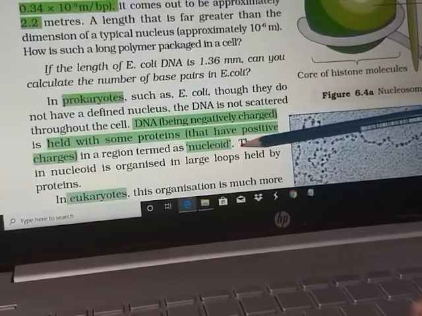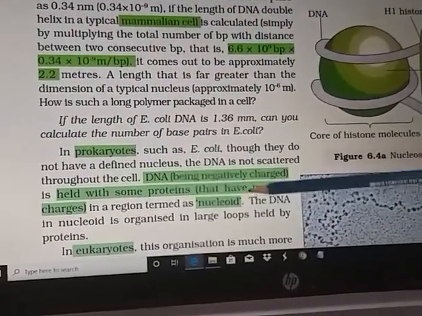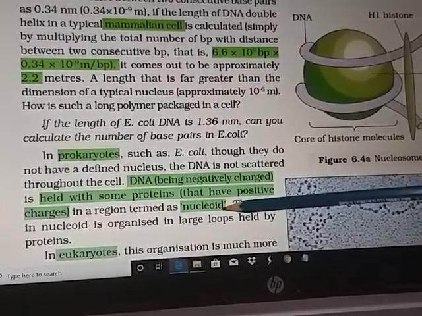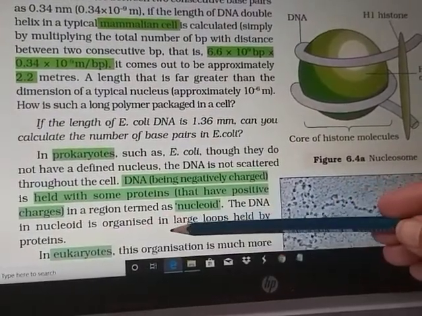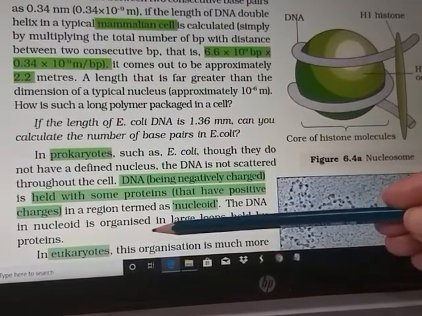No name is given to these proteins. They are just positively charged proteins, and for this association the term is nucleoid. The DNA in the nucleoid is organized in large loops held by proteins.